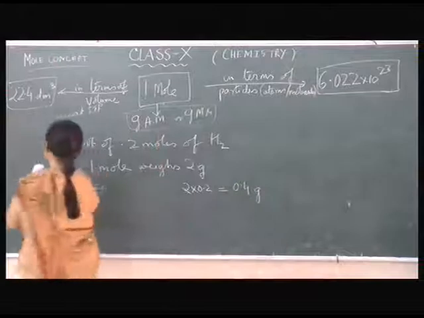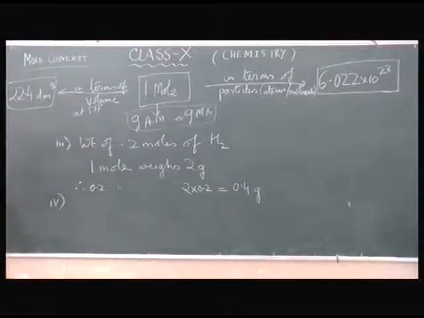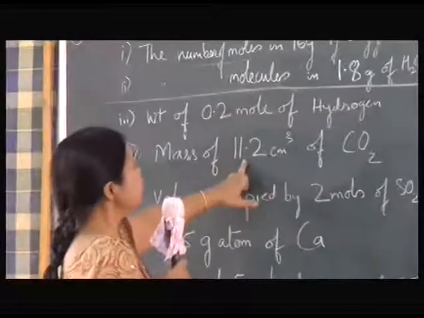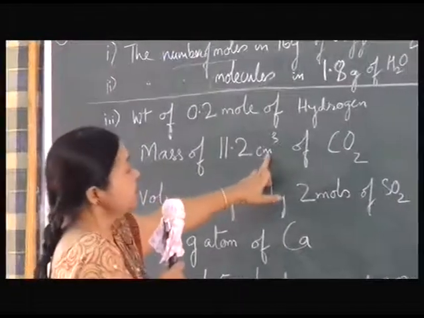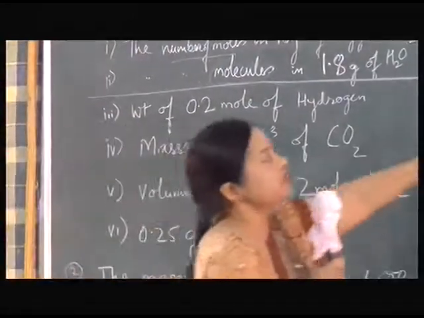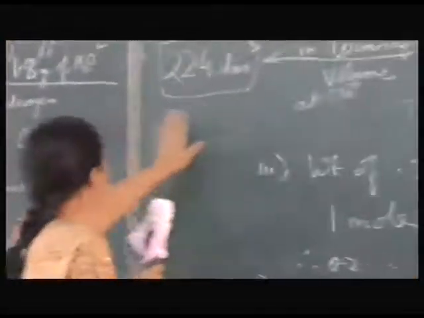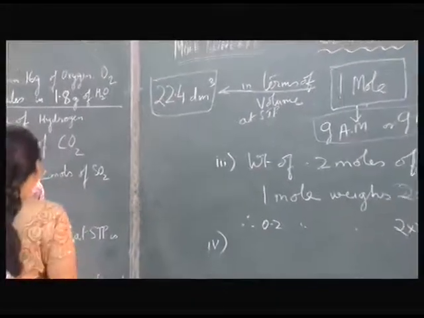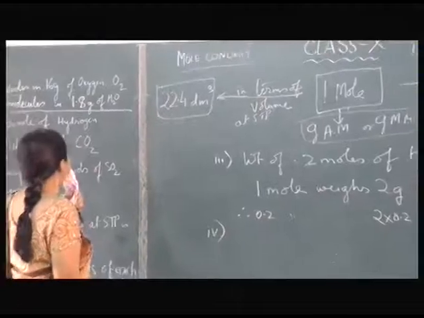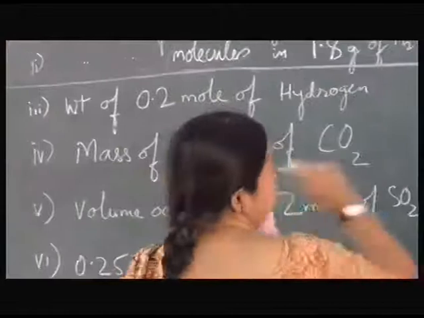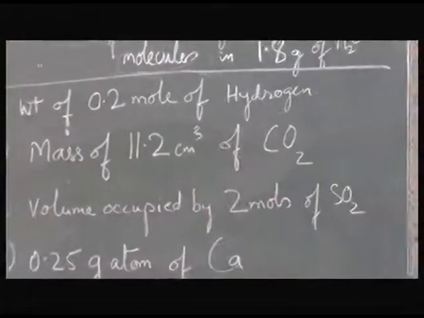Now the fourth question. What is the mass of 11.2 cubic centimeters of carbon dioxide? Now this question relates to the volume. What is the mass of 11.2 cc of CO2? What you have to find is the mass, so you keep mass on the right-hand side. Now what does the equation say?